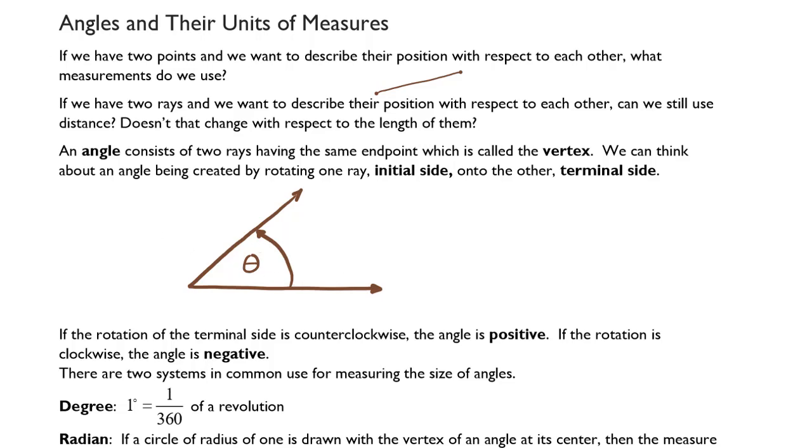And we call the first horizontal ray the initial ray, or initial side, and the second ray, the one the angle is calculated up to, the terminal side.